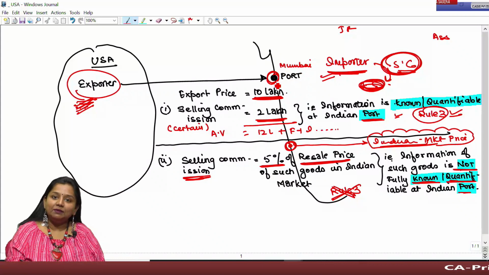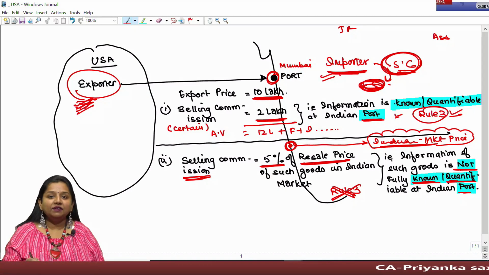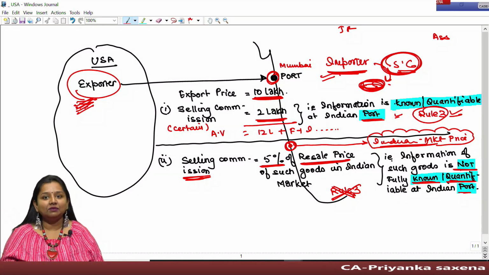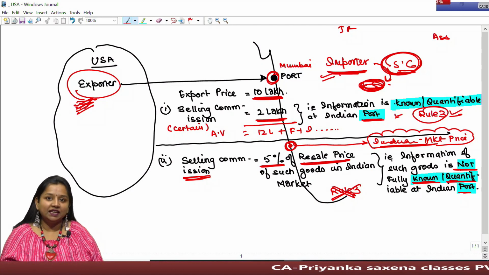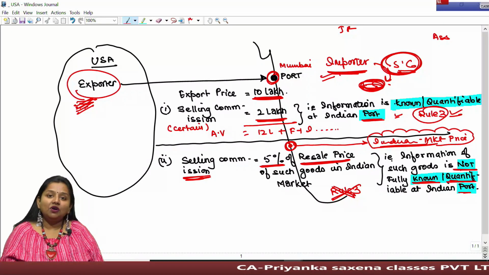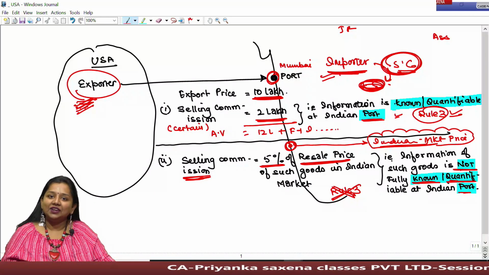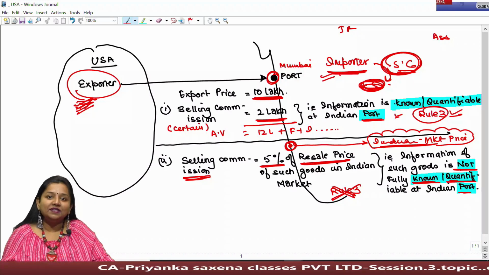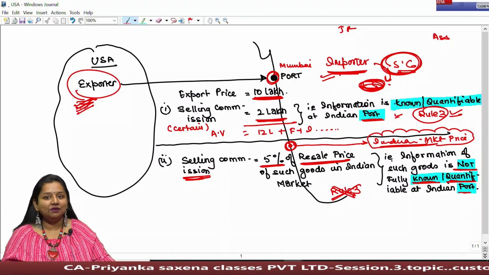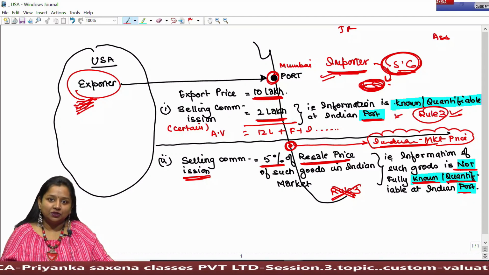If goods are sold in Mumbai itself, the transportation cost might be very low. However, if similar goods are sold to a buyer in Assam, the cost of transportation will obviously increase. Because of this, the actual selling price, the actual Indian market price, cannot be determined at the Indian port, due to which this amount of selling commission is not quantifiable and cannot be determined at the time of importation of such goods.